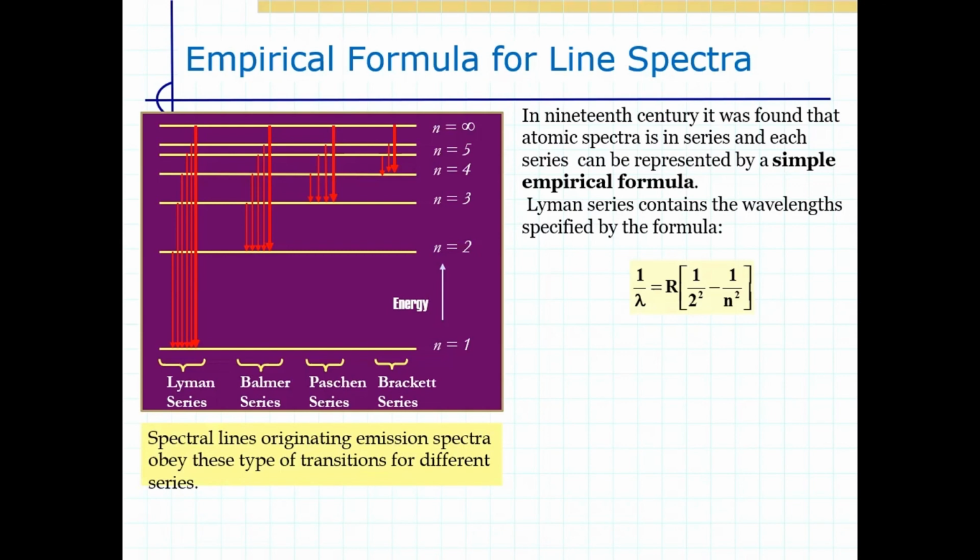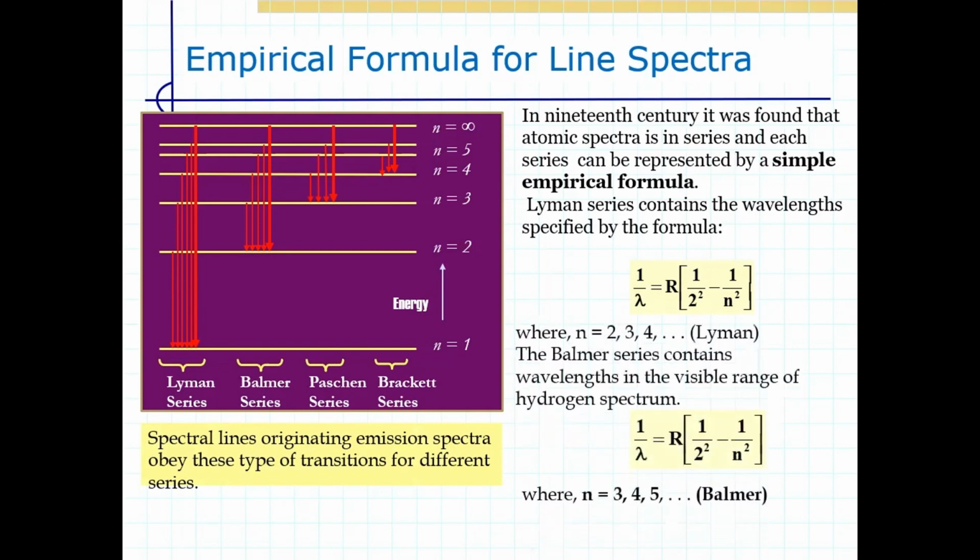The Lyman series contains wavelengths of a specific type in which 1/λ is equal to R times (1/1² minus 1/n²), and n is changing from 2, 3, 4, 5, 6, and so on. We will come soon to know that these were really very important numbers.